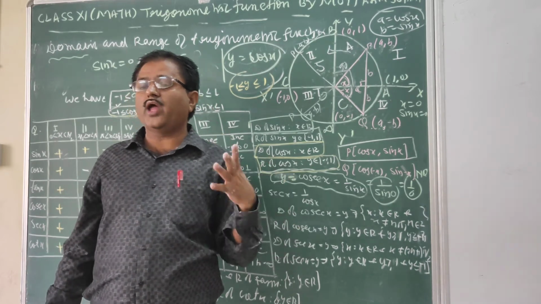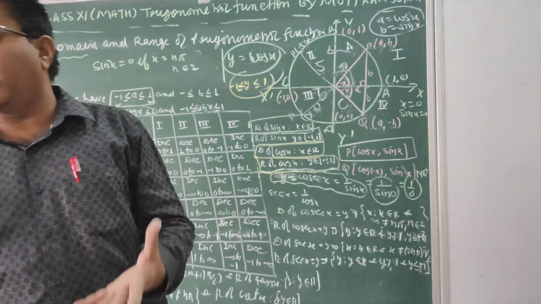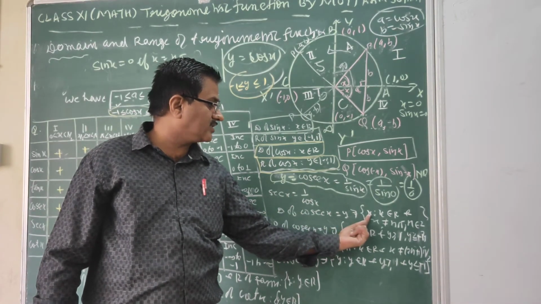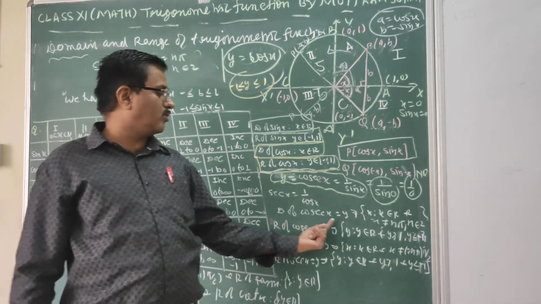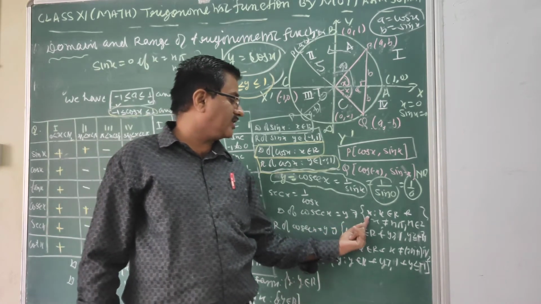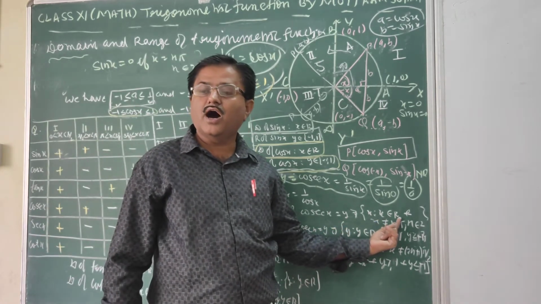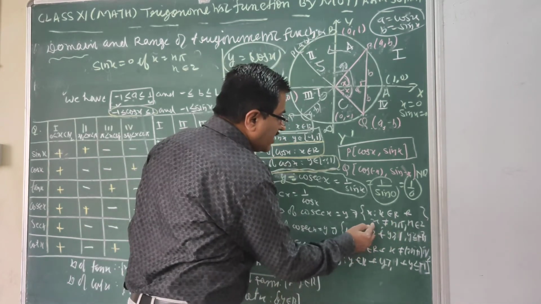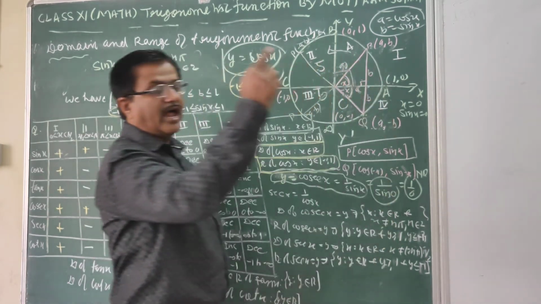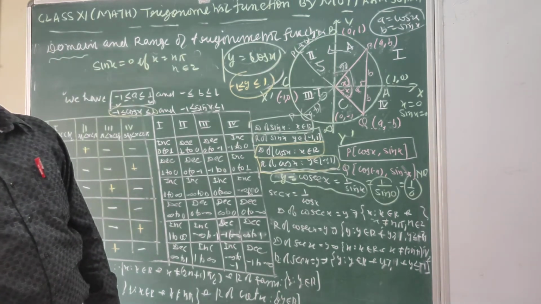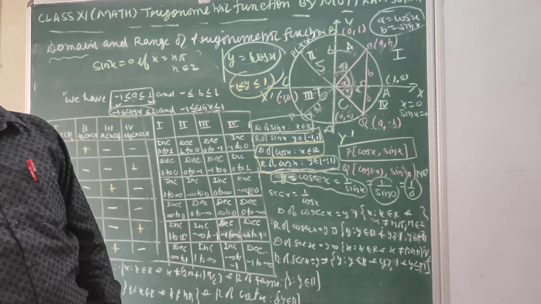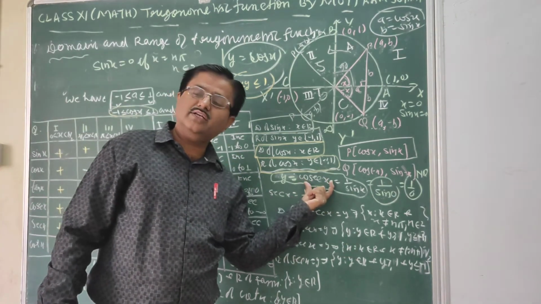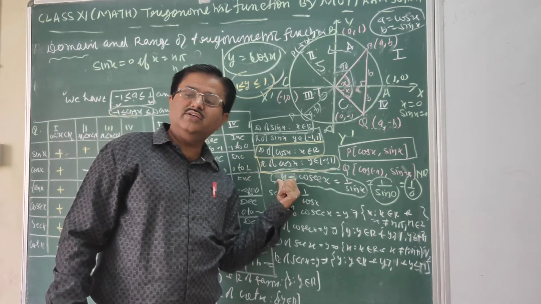So what values does x allow? All real numbers except these. The domain of cosec x: x belongs to R and x is not equal to n pi. Why do I write x not equal to n pi? Because at these points sin is 0, and when sin is 0, cosec x does not exist, it is not a real number.